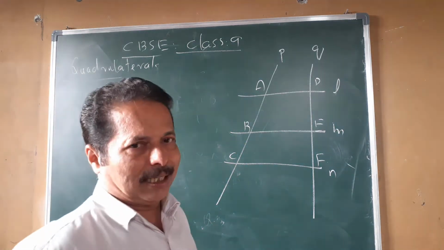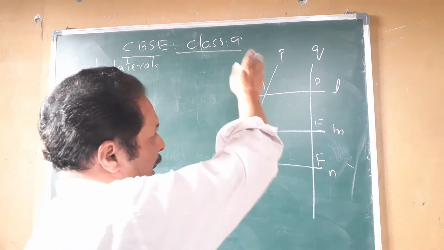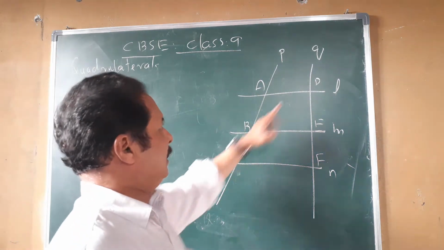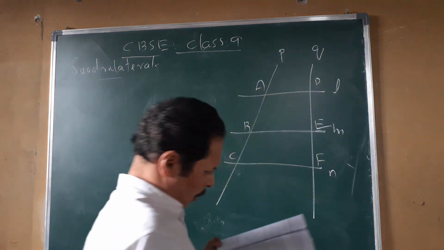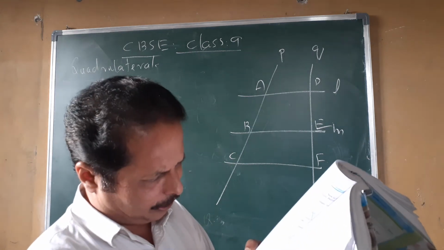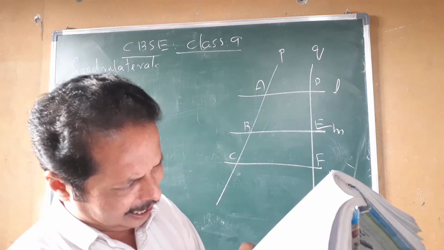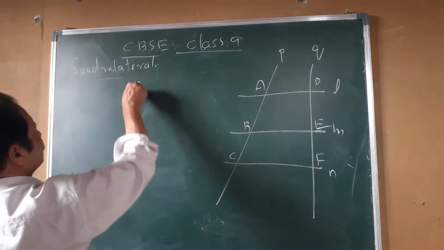The figure is given: L parallel to M parallel to N. That's also given. P and Q are two transversals. It intersects at the points A, B, C and D, E, F. And we want to prove, look here, the given data is: AB and BC are equal.